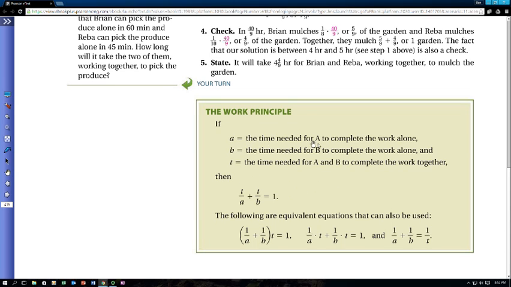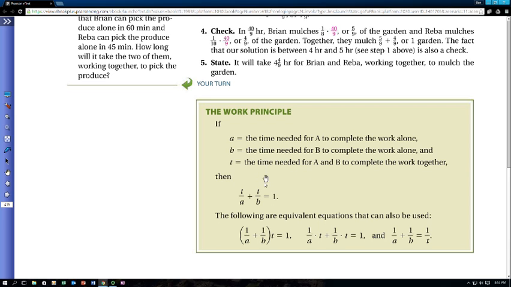If I have A, the time needed for something to be completed alone by that person or a machine or whatever it is that does that thing, let's call that A. And then if I have B as the time it takes for this other person or machine to complete the same amount of work, then the time needed for both of these together will end up being in this type of equation. The time over A, the time over B. Okay.